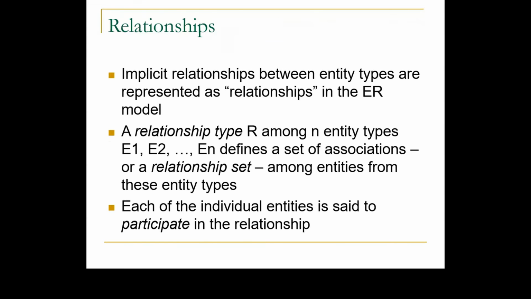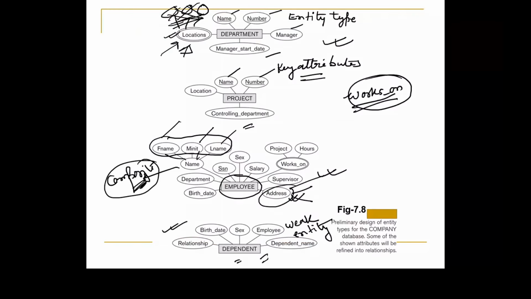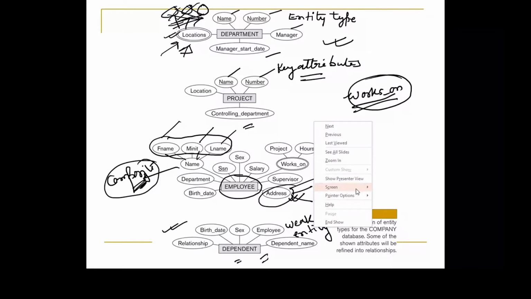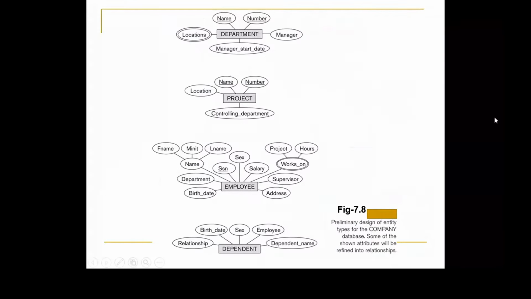Let us go to figure 7.8. In figure 7.8, you can see that, let me first draw it. Here several implicit relationships among various entity types are there.